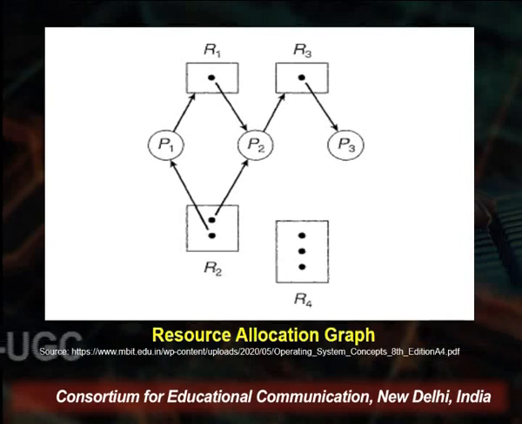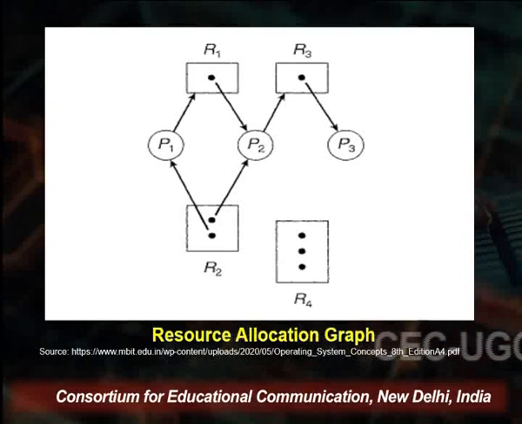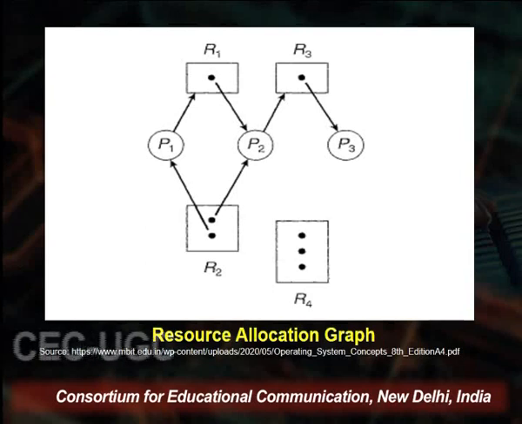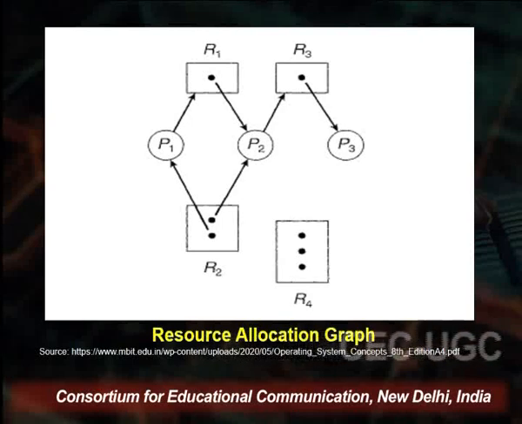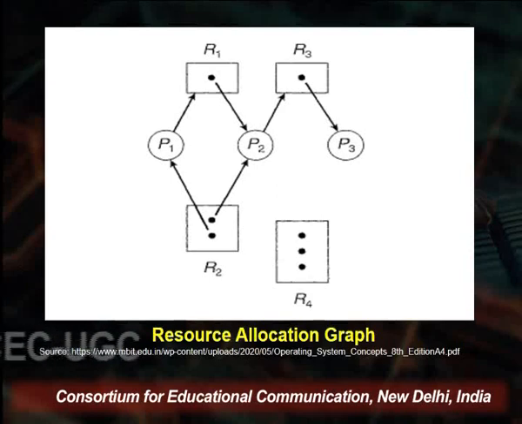Now coming to the situation of R2. One of the instances of R2 is allocated to P1, as indicated by the edge from R2 to P1. Similarly, the second instance of R2 is allocated to P2, and now R2 does not have any instance free to allocate to any other process.